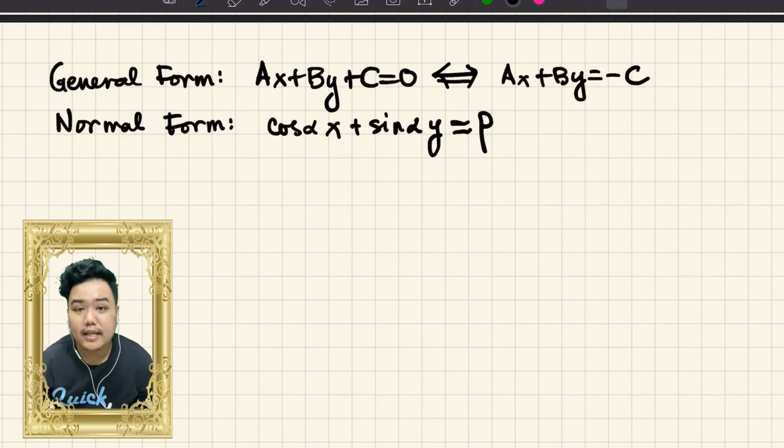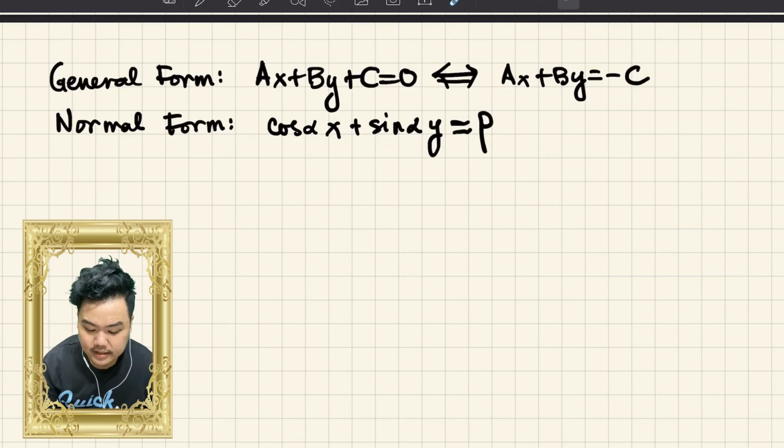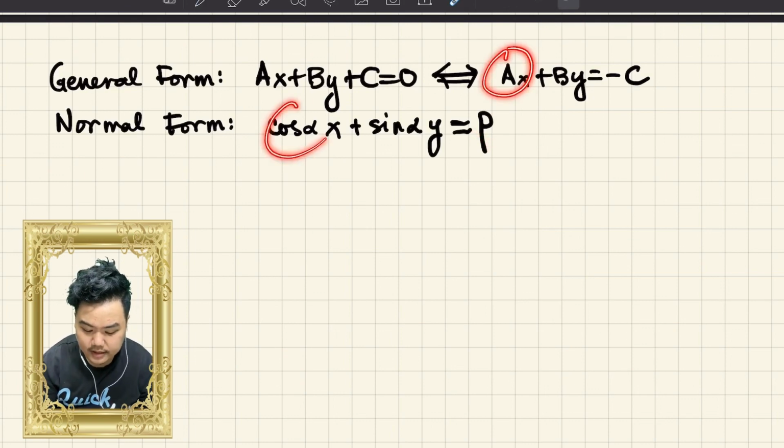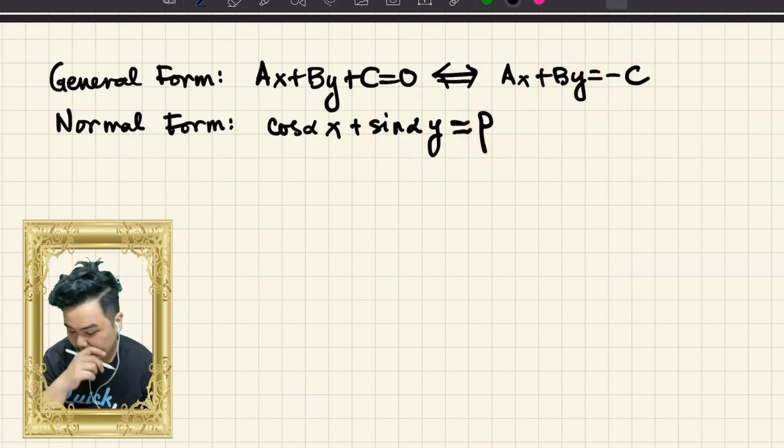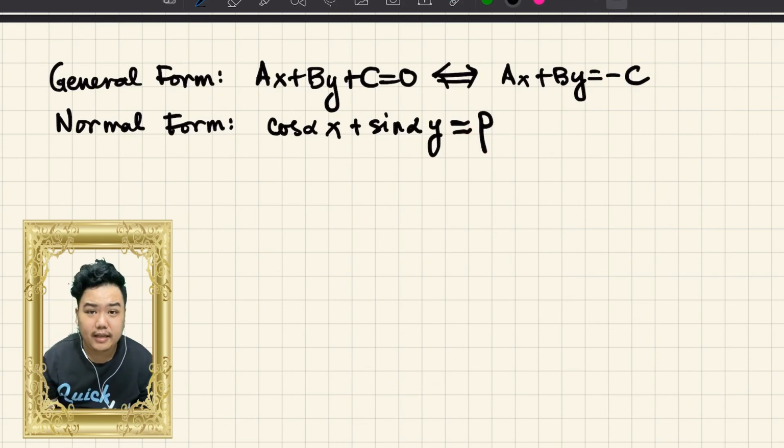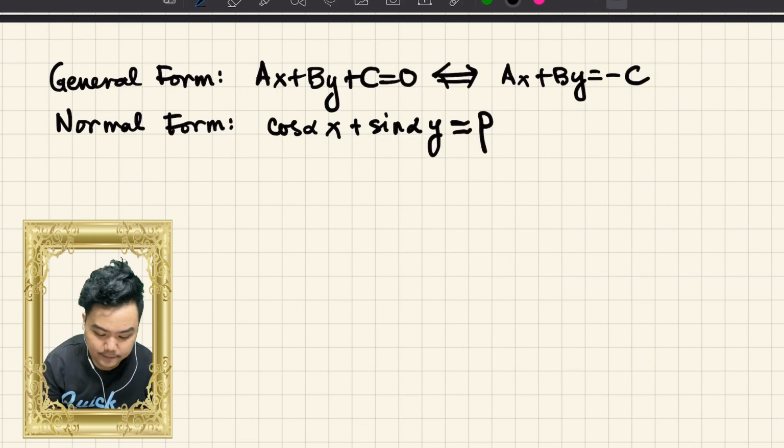Lalagay ko lang yung constant sa kabila. Okay, so since they represent the same line, pag dinivide ko itong mga constants na ito, dapat ang makukuha natin ay constant lang din. I mean, pare-parehong sagot na lalabas.